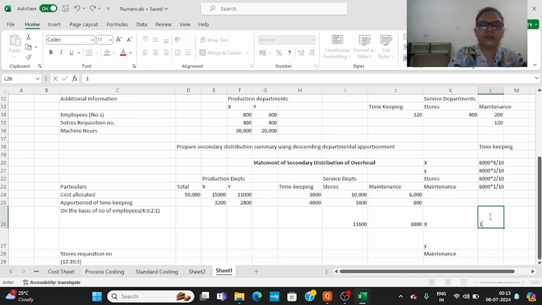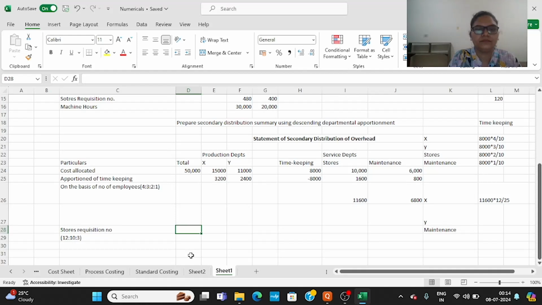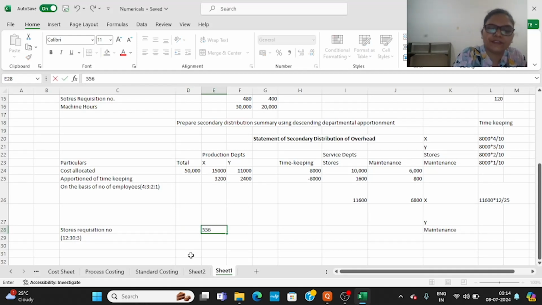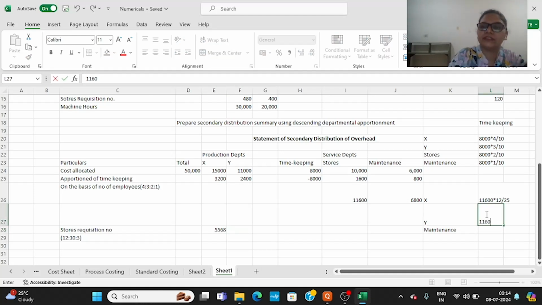So 11,600 will be divided on the basis of the ratio which we have already calculated. Then it will come out to be, for department X, 5568.